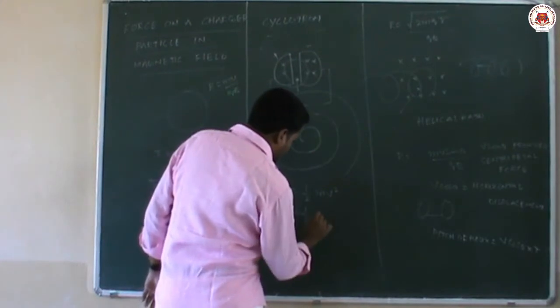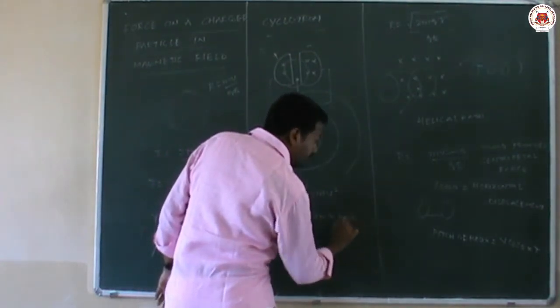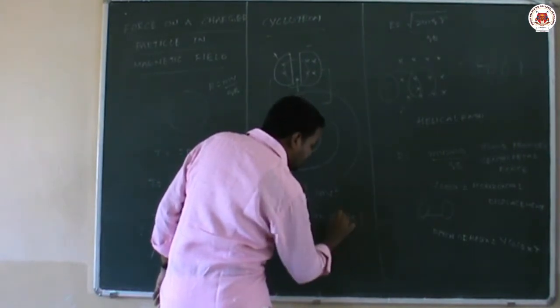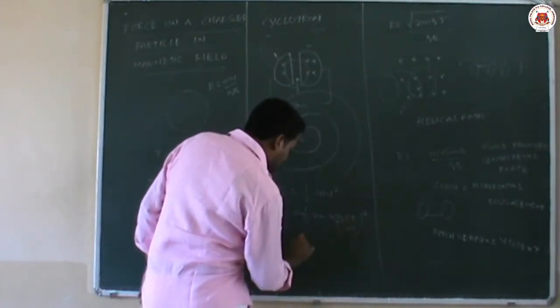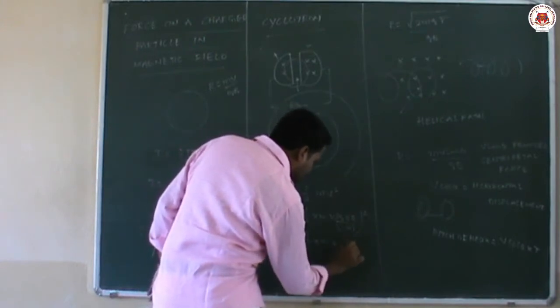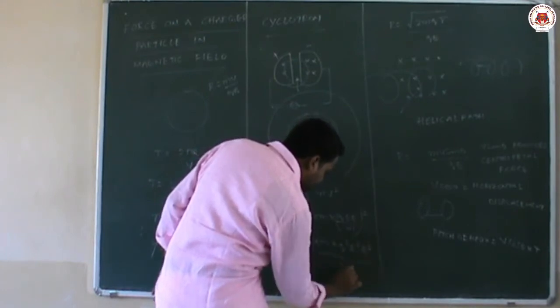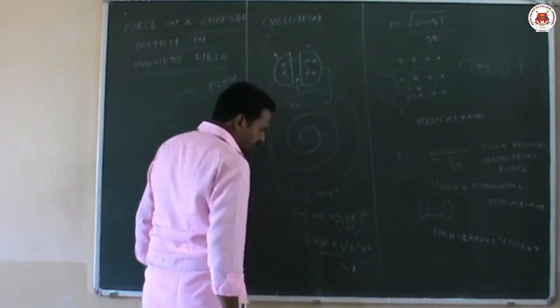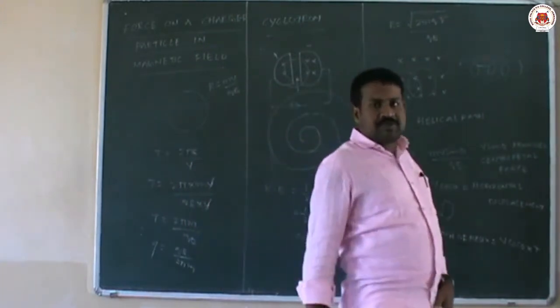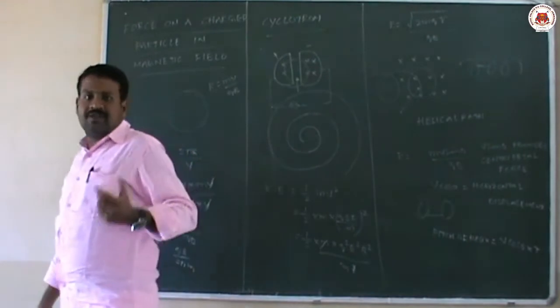Half into m into (qBr by m) whole square. That is half into m into q square B square r square by m square. One m will get cancelled. So kinetic energy is q square B square r square by 2m. So if you increase the radius, kinetic energy increases.